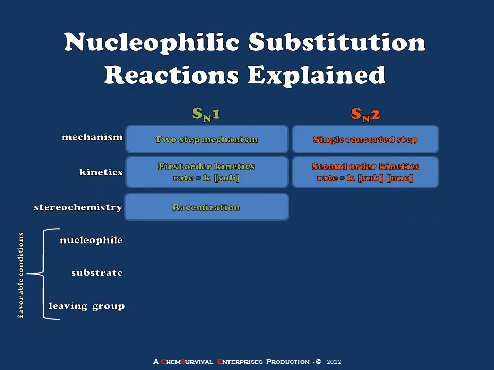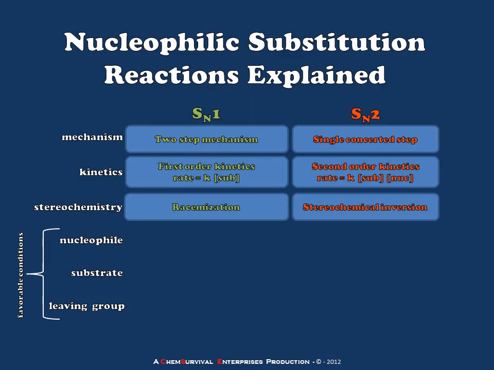From a stereochemistry perspective, the SN1 reaction is expected to proceed with racemization of any chirality in the starting materials. Whereas in the case of the SN2, stereochemistry is inverted as a consequence of backside attack.